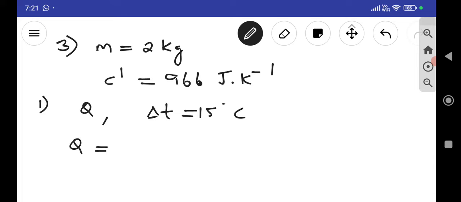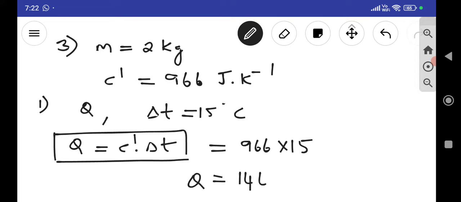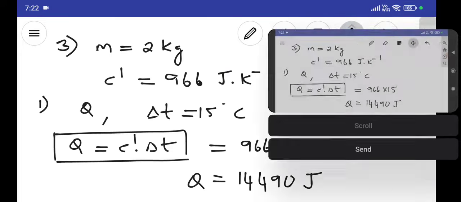According to the formula, Q is equal to C dash into delta T. We can substitute the values, that is C dash is 966, delta T is 15. So finally we get the heat energy Q is equal to 14,490 joules. Hope you have understood this.